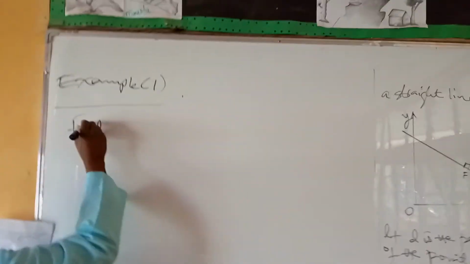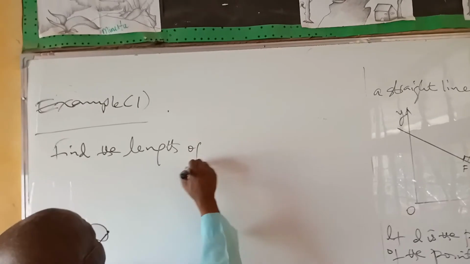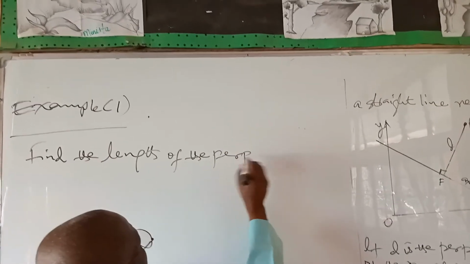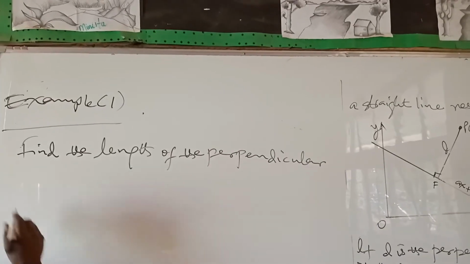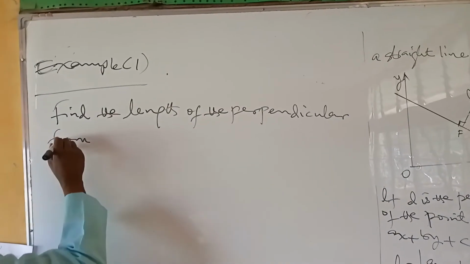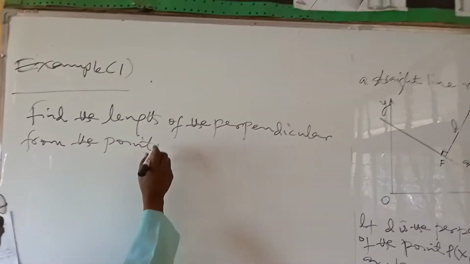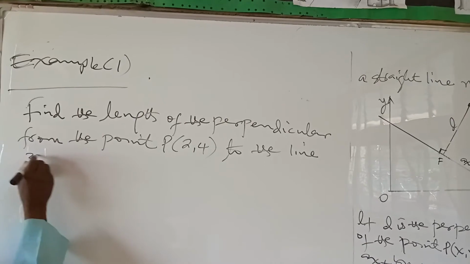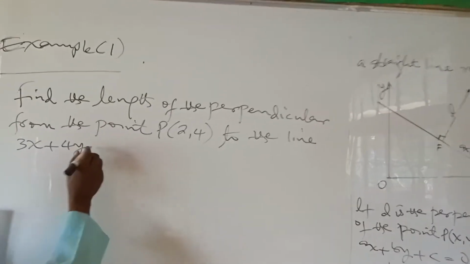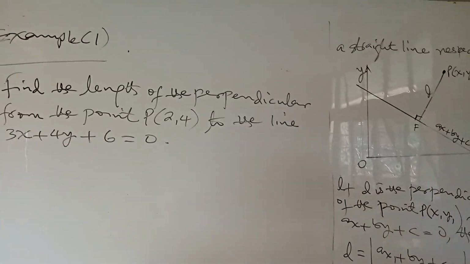Find the length of the perpendicular from the point P(2, 4) to the line 3x plus 4y plus 6 is equals to 0.